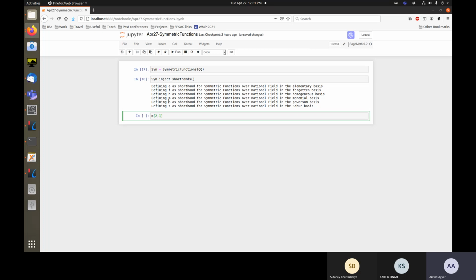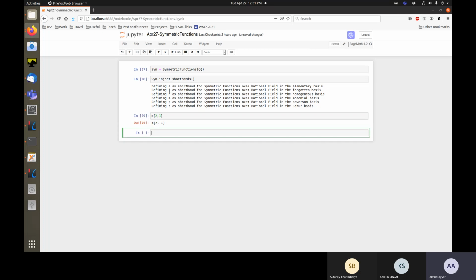So the notation is you put one of these letters, and the other ones I'll define soon. This m is for the monomial basis. So m of 2, 1 is the symmetric function indexed by the partition 2, 1, and you can do many things with it.